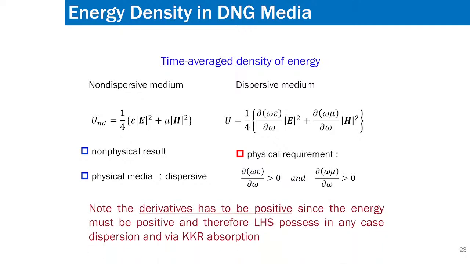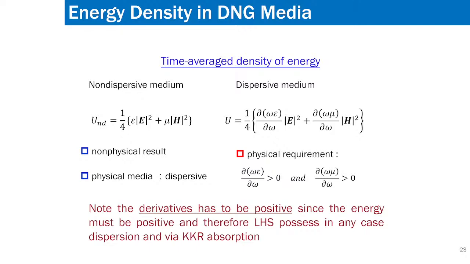So what we conclude from this is the derivative has to be positive because energy must be positive. Therefore, if the derivative is positive, then the DNG medium in any case will have dispersion and it will have KKR absorption. KKR is the Kramers-Kronig relationship.